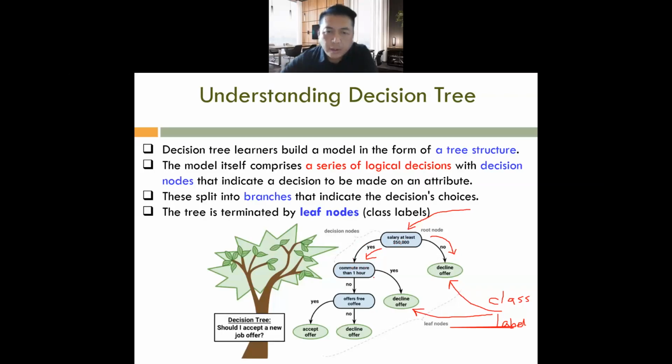Commute more than 1 hour, yes. So this is what we call a series of logical decisions before we reach the end of the branches, which is the leaf. Okay, so this is to make a decision. Should I accept a new job offer? Okay, so this is a very simple example.